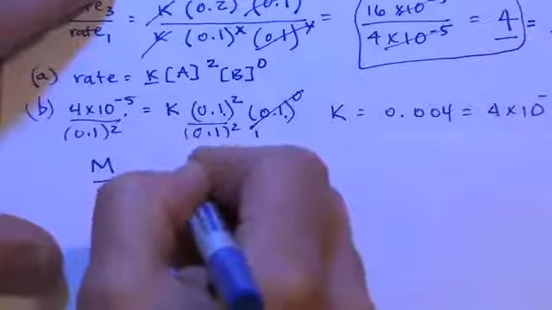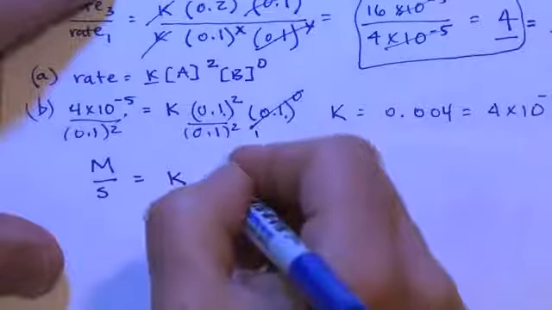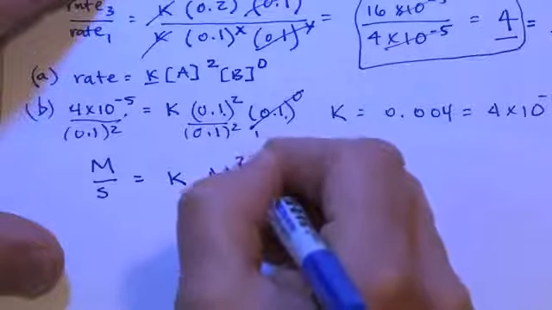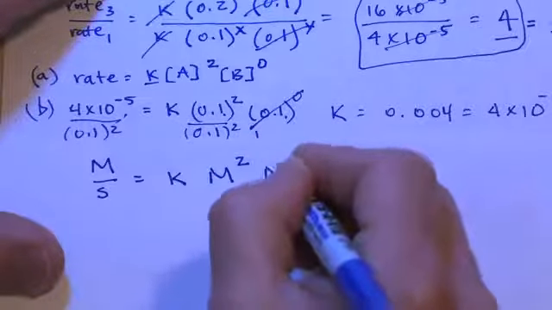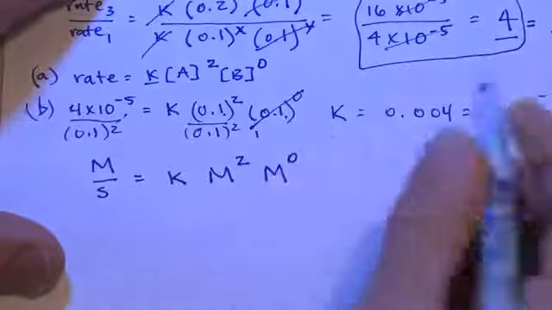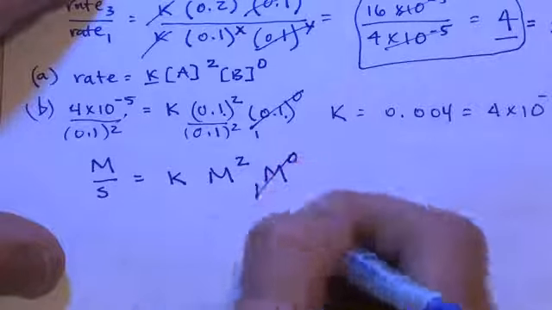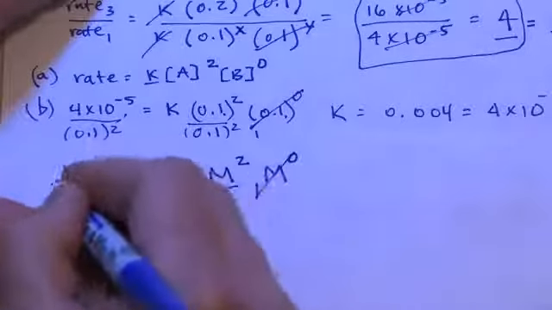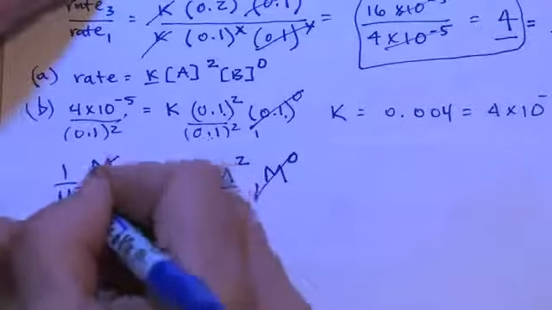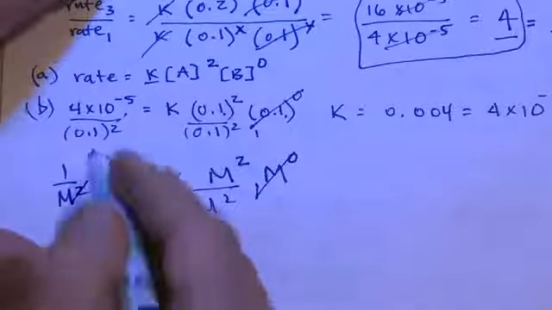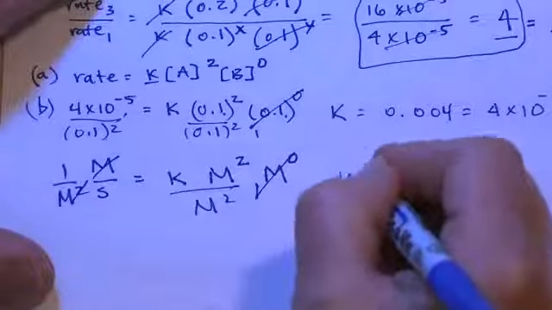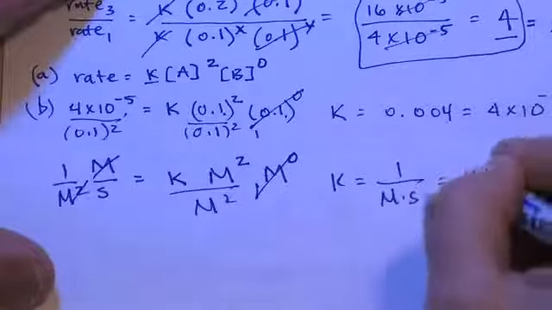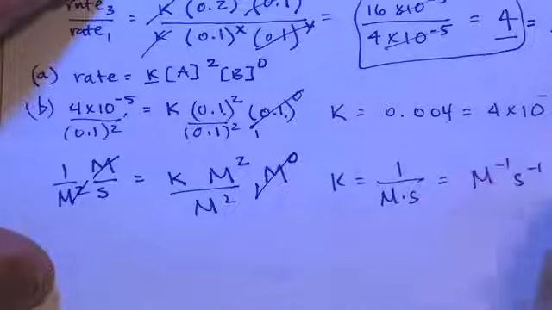This is equal to some constant k, and then A was measured in molarity and squared, and then B, of course, was to the 0 power, and that was measured in molarity to the 0 power, so that's 1 that's going to go away. Divide both sides by molarity squared, or multiply by 1 over molarity squared. One of them goes away on the bottom, and the top one goes away, and so k ends up with units of 1 over molarity times seconds, or molarity to the negative 1, seconds to the negative 1.